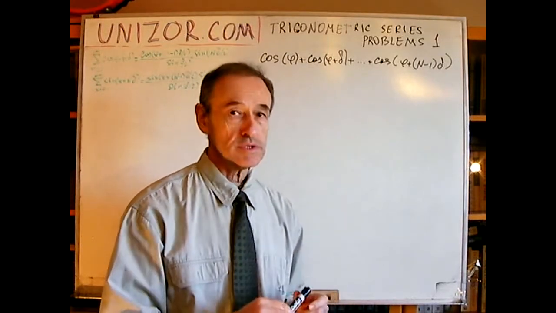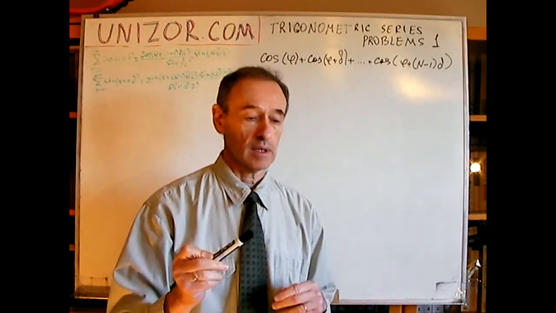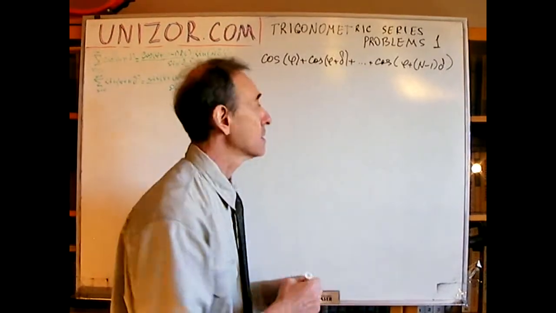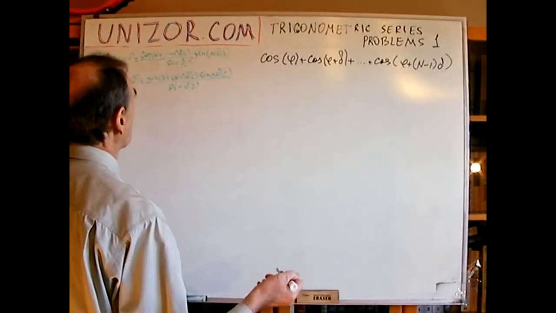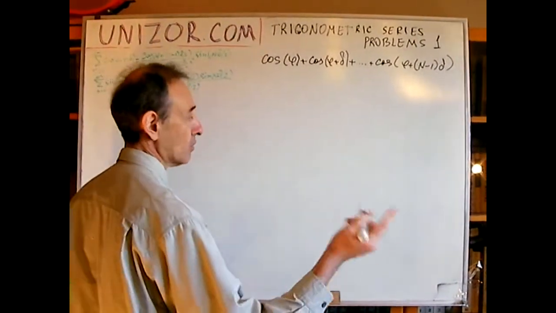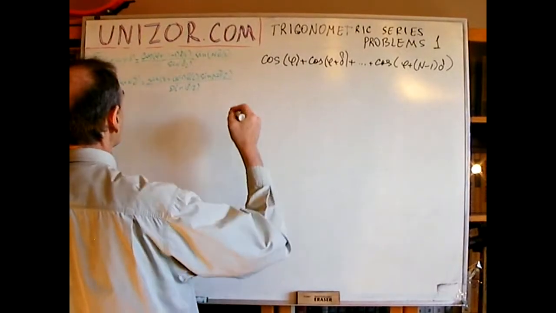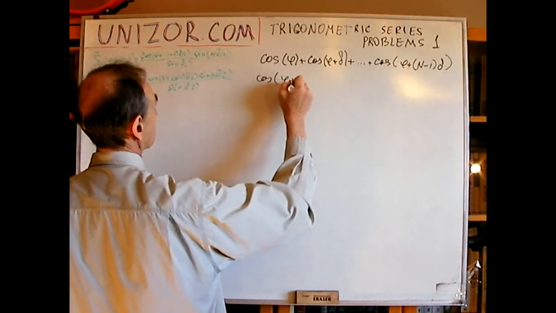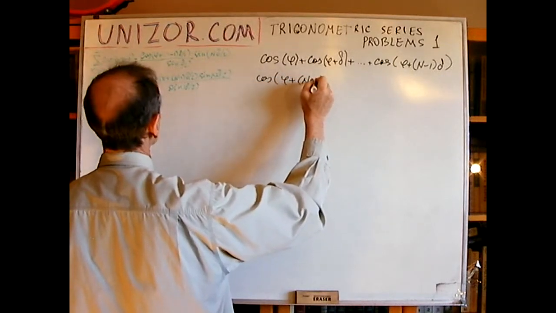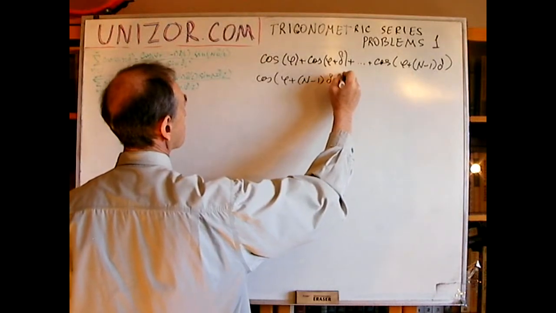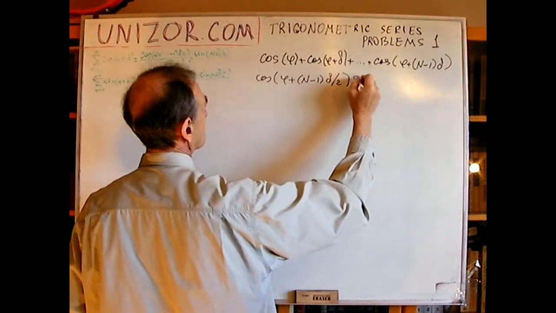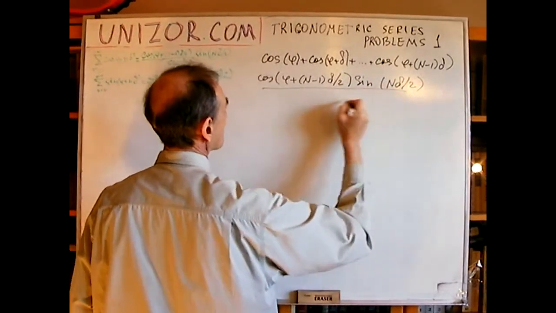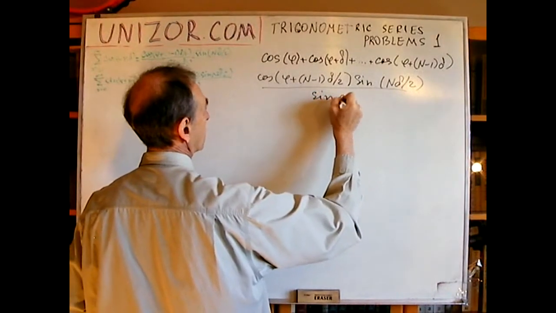Using the correspondence between trigonometry and complex numbers, I have derived a formula which, after certain transformations, which I also put in the notes for the previous lecture, looks like this: cosine of phi plus n minus 1 delta over 2, times sine of n delta over 2, divided by sine of delta over 2.